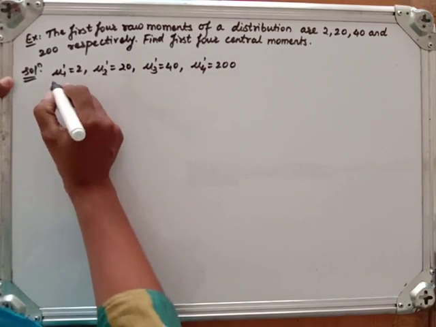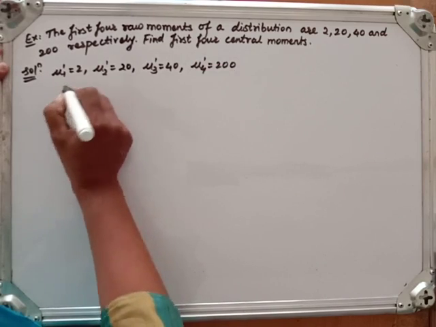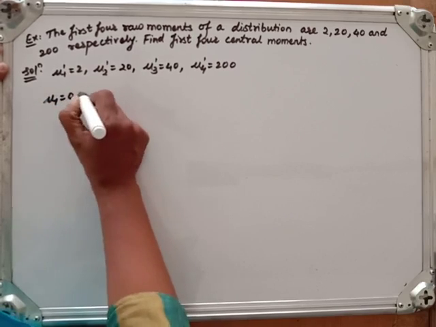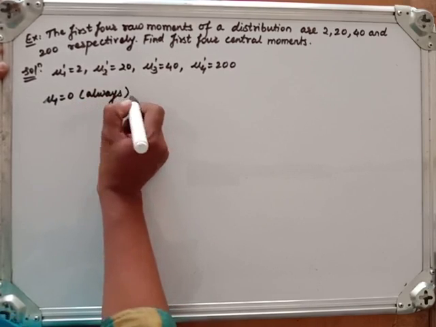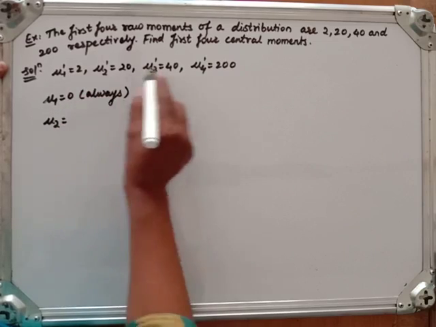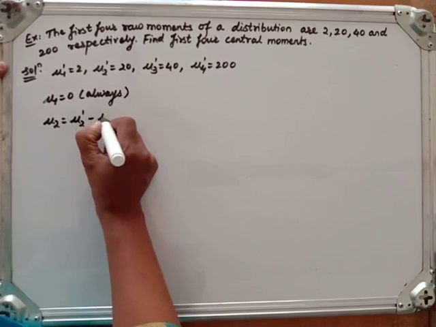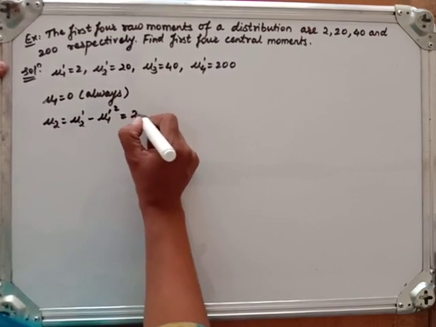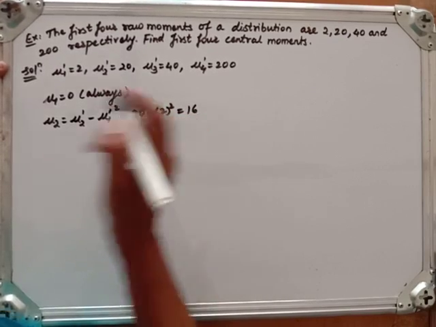Here we know the relation that mu1 is always 0, for all kind of data. What about mu2? Mu2 has a relation in terms of raw moments, that is mu2 dash minus mu1 dash square. So that is 20 minus 2 square. So it will be 16.